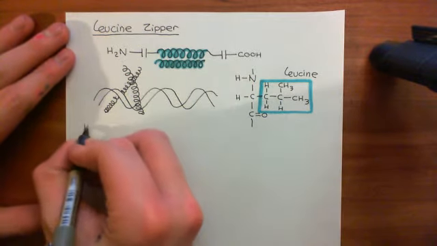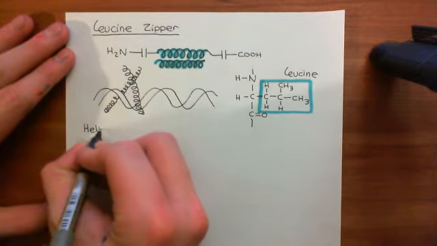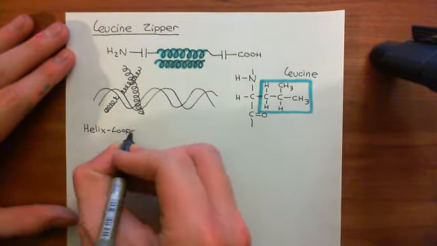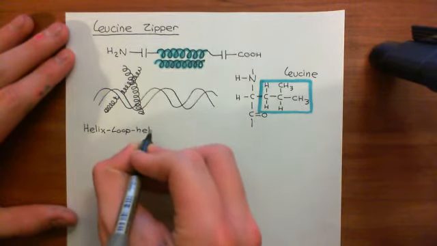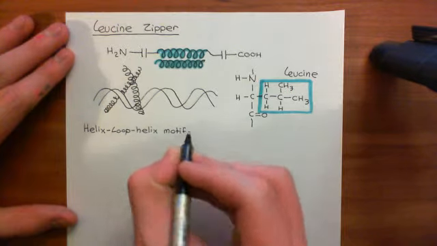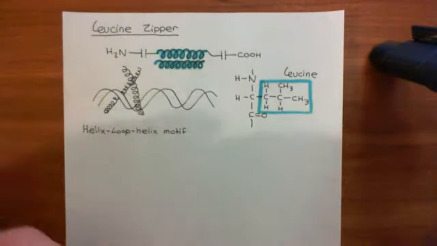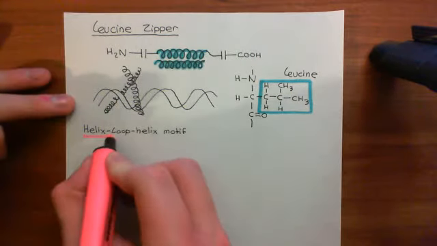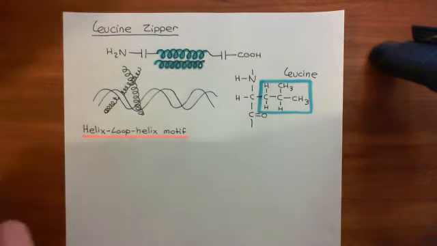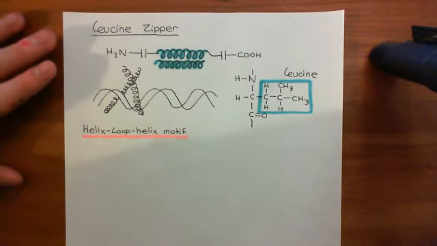Finally, the final motif we want to talk about is what's known as a helix-loop-helix motif. Okay, and this is similar to a helix-turn-helix motif, but the difference is that in helix-turn-helix motifs you had a helix followed by a turn followed by a helix.